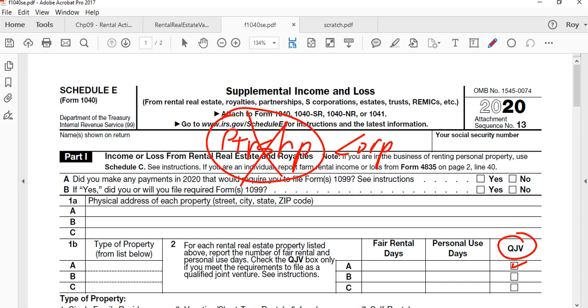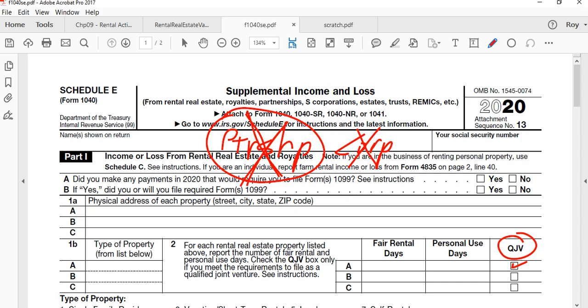Now, if you have taxpayers that are not married and they own the property through what they call tenants in common, not really through, again, a partnership or a corporation. Maybe an example would be some siblings who inherited a rental property from their parents and they just own it as tenants in common.